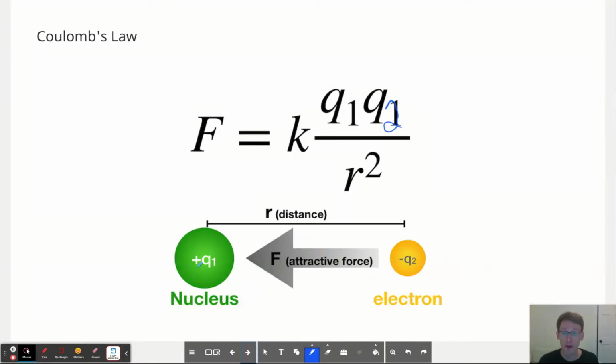So the more charge there is in the nucleus, the more strongly attracted the electron will be to the nucleus. However, the further apart those two are, the lesser the attraction between them.